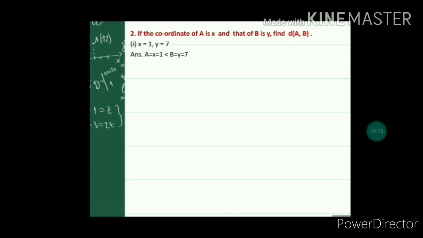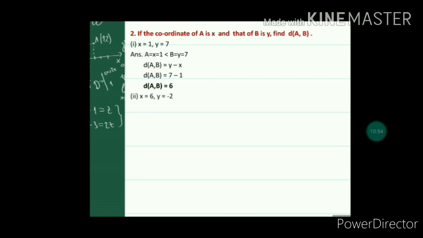Means y is greater than x or x is less than y. Therefore distance of AB is equal to y minus x. Therefore distance of AB is equal to 7 minus 1. Therefore distance of AB is equal to 6.